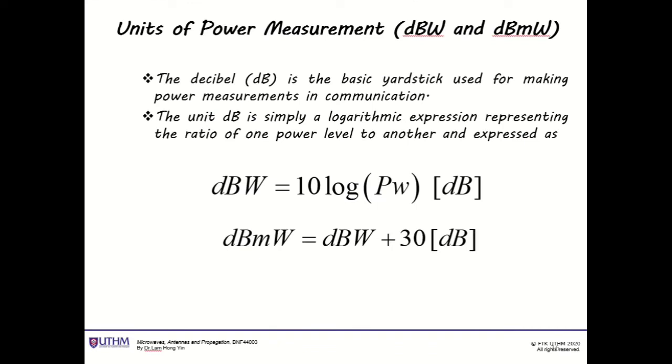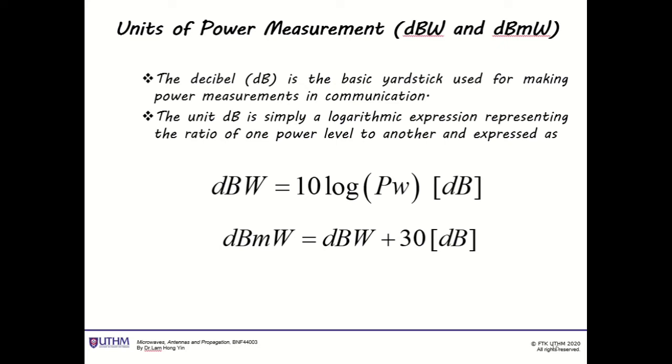The unit of power measurement commonly used in our course, in RF and microwave communication, is the dB, which is the decibel. The dB or decibel is the basic yardstick used for making power measurements in communication.